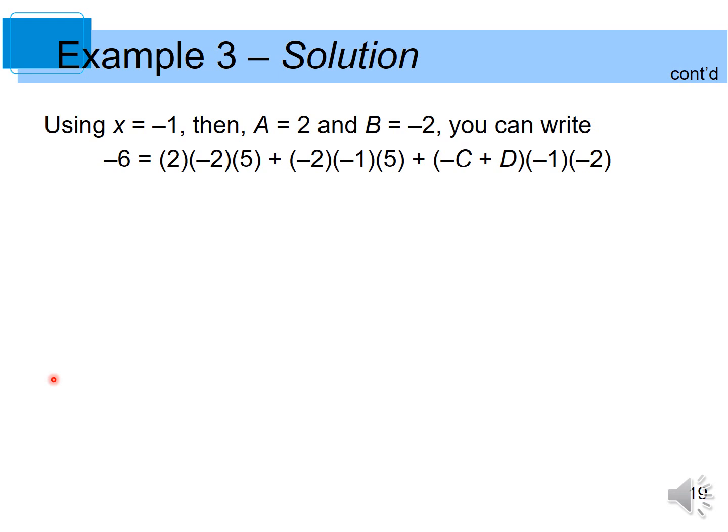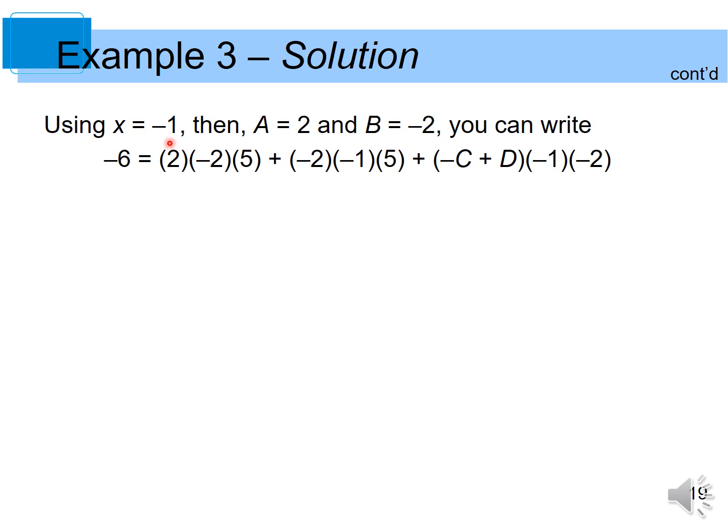Since we have let x equal to 0 and x equal to 1 to get the A and B values, for the other two values, we can let x equal to -1. Just any value, a small value, because it is easier to calculate.